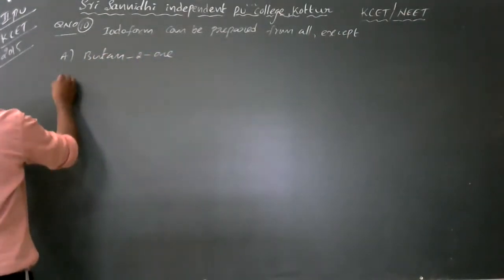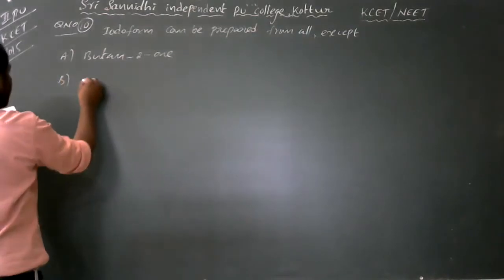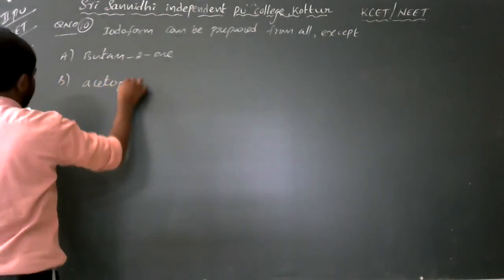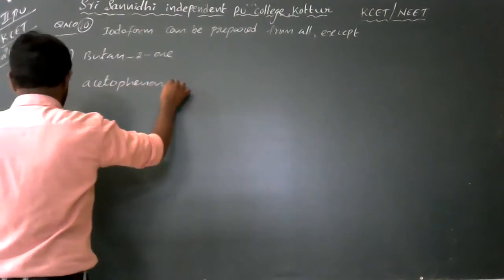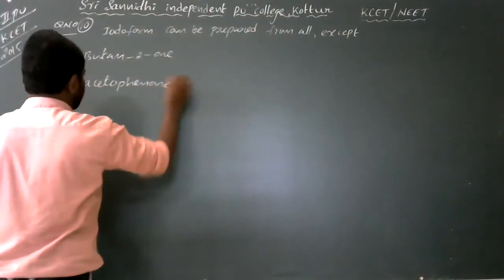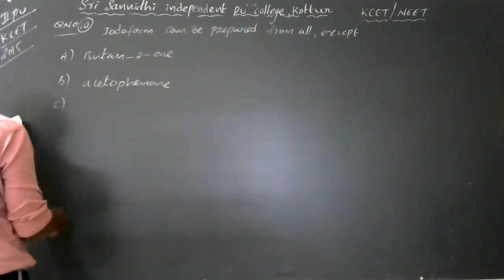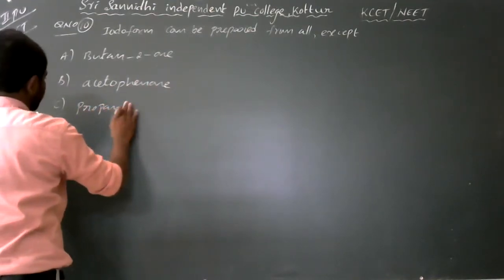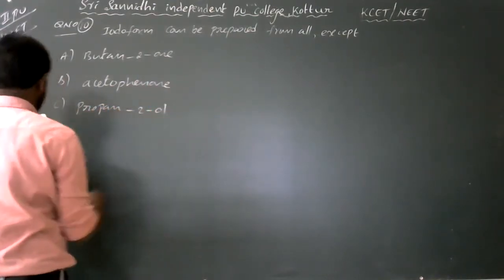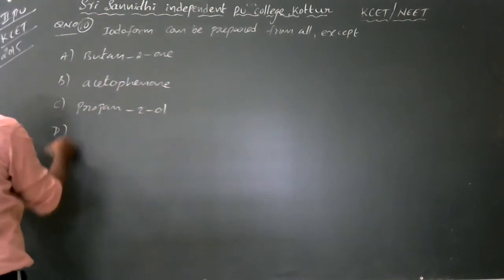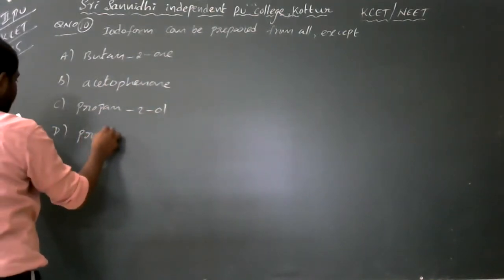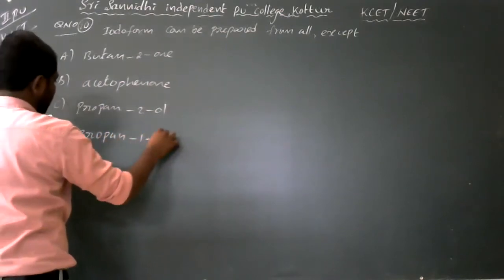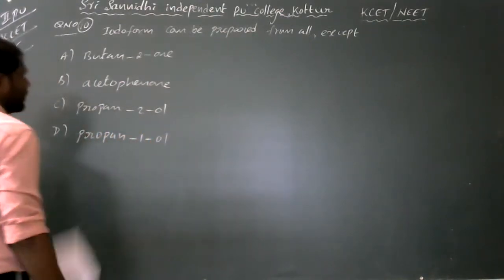Option B is acetophenone. Option C is propan-2-ol. Option D is propan-1-ol.